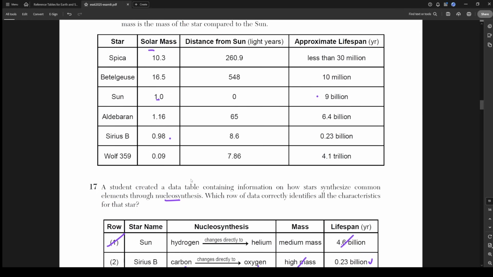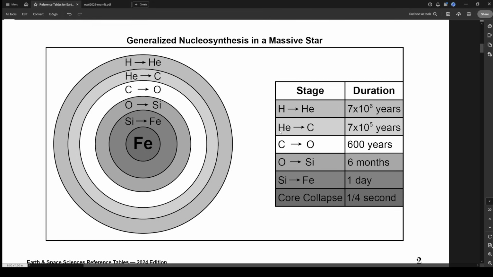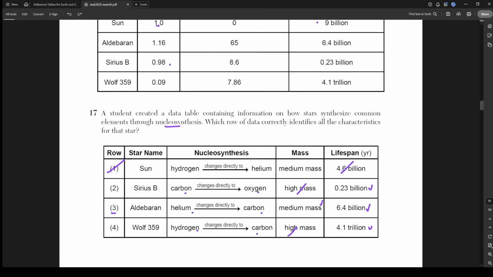And Wolf 359, look, 0.09 solar mass, that's not high mass. So we know this is probably the answer, but let's just see nucleosynthesis. Does helium change directly to carbon? Yes, it does. See? This is the answer. 3. That was easy. 3 out of 10 just because I had to use the chart a little bit.